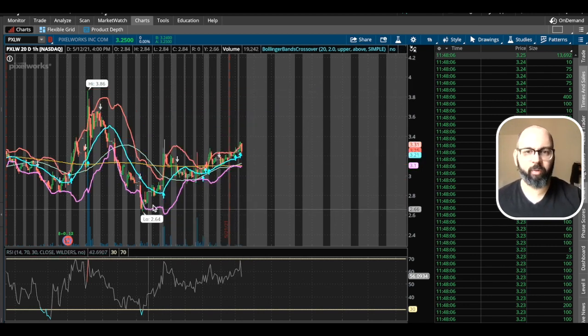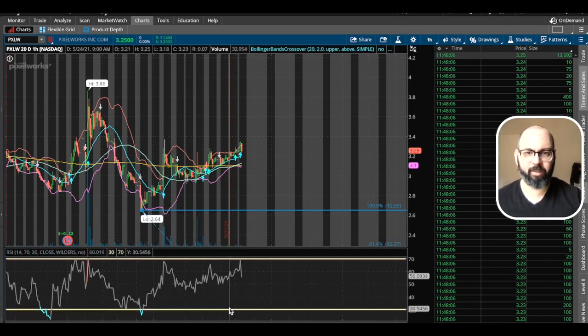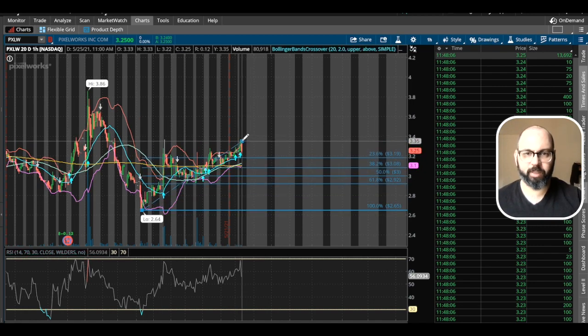And now that we're in an uptrend and I want to know, hey, where should I potentially sell if it starts to go down? I right click on the low, add drawing, go back to the retracements and connect the most recent low to the most recent high, which is here.